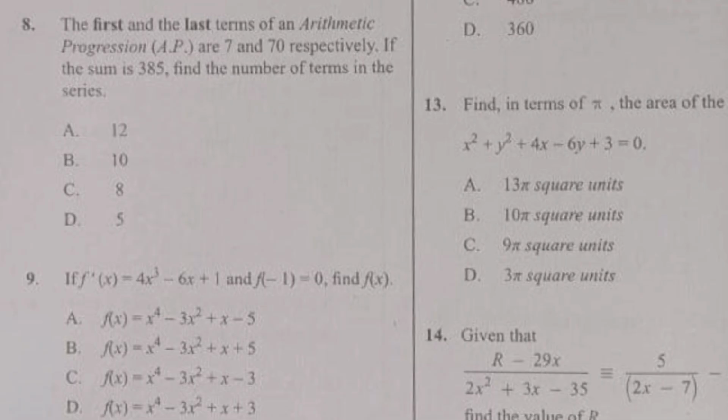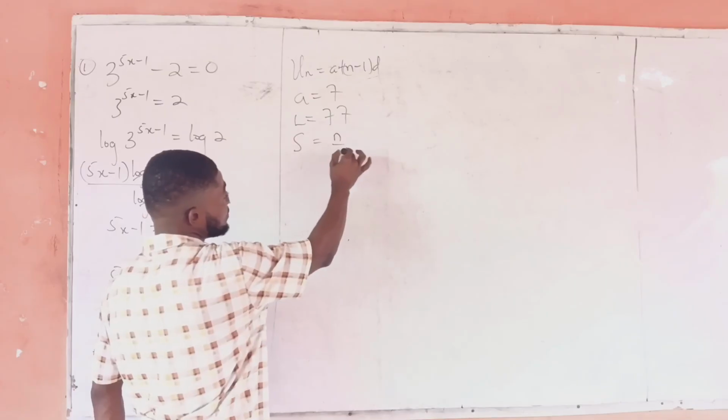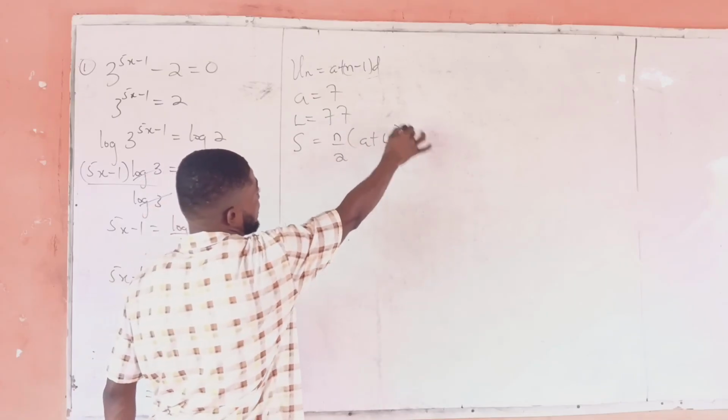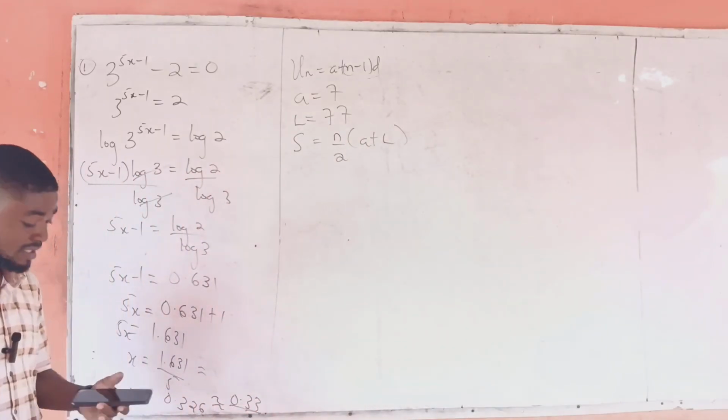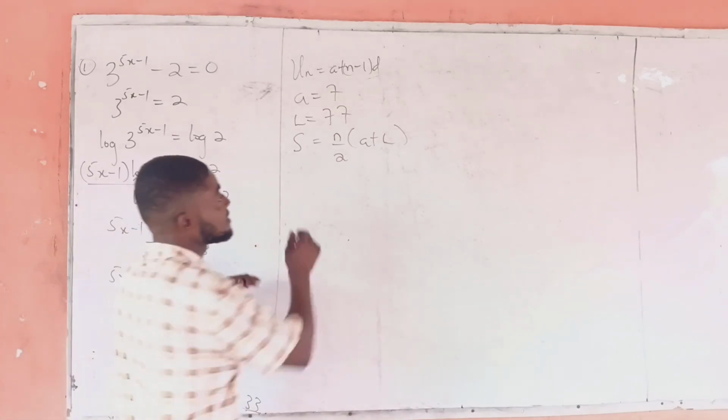The first term we were told is 7. The last term was given as 70. And again, the sum S is equal to n over 2 times (a plus l). So we just quote this formula, do the necessary substitution, and then we get our value.